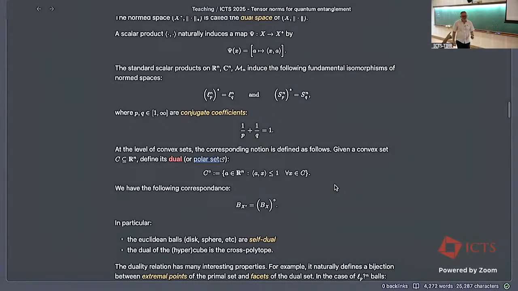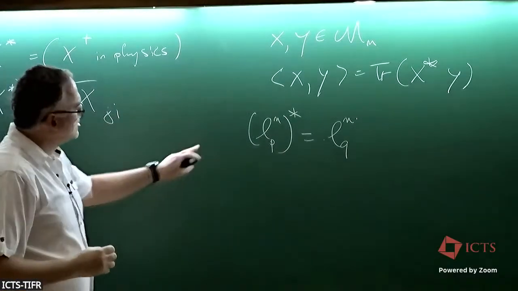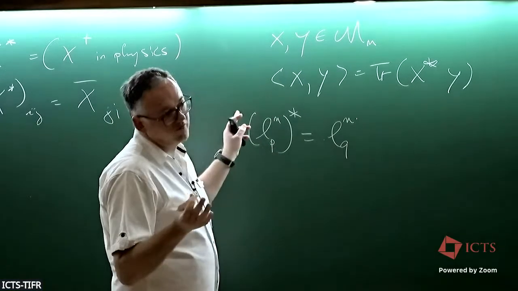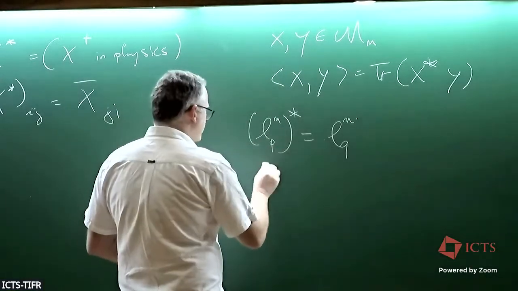Yes? Can you explain this a bit? This thing? Here, this one. So let's look at this. This is LP N, this is LQ. So I have the space Rn with the P norm, and I compute the dual norm of this P norm. Let's take phi.